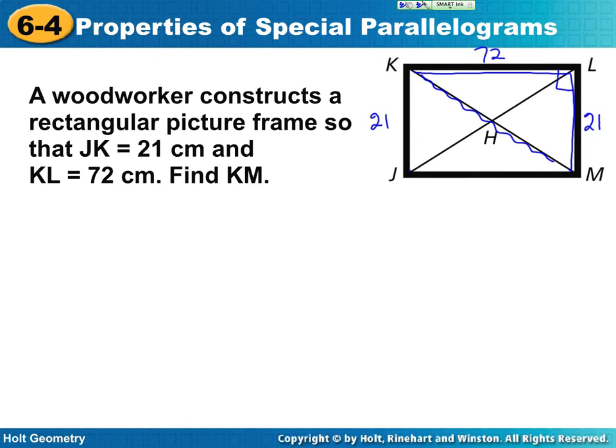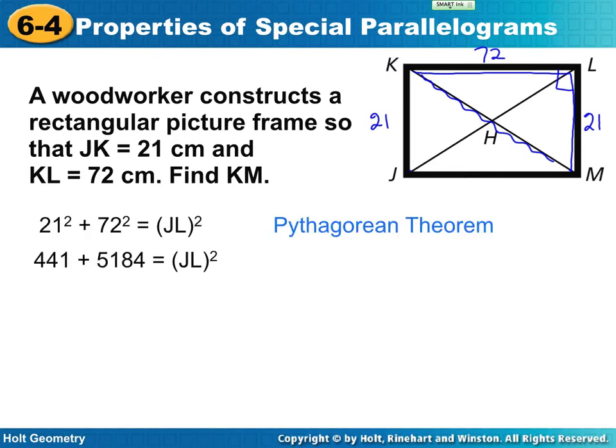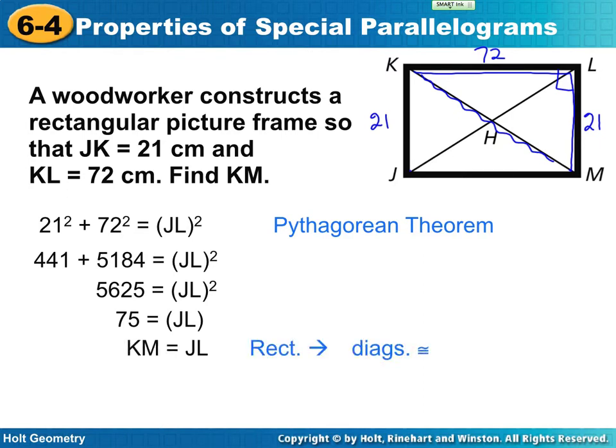All right, so then we can do Pythagorean theorem. The square root of 5,026 was 75. They figured it based on JL, but KM is the same, so 75. The way that we did it would work also.